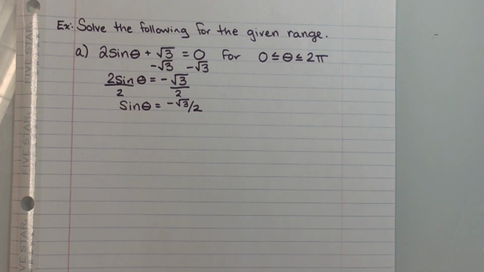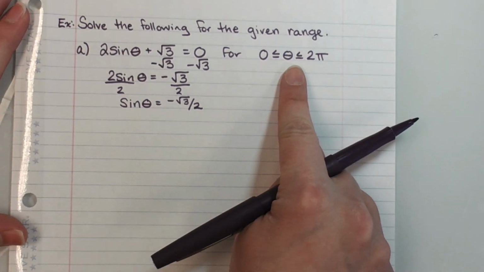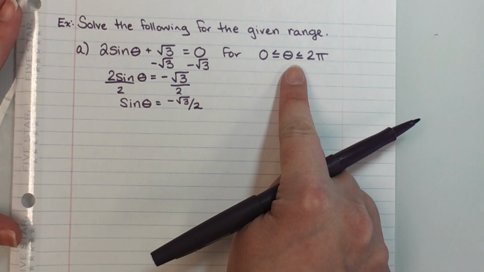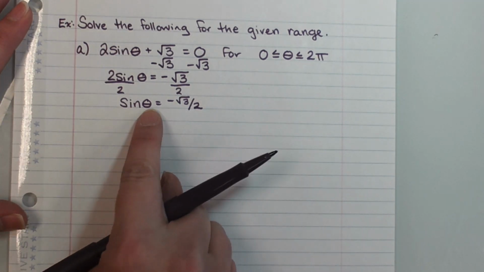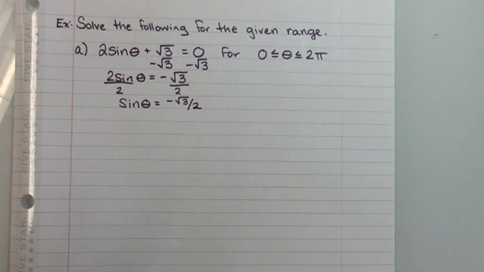Is sine alone? Yes, now it's alone. My options are to do inverse trig and find the angles that I want within the range, or what do you notice about that range? Isn't it just the entire unit circle? So it's easier probably to use the unit circle. I'm looking for where sine of theta is equal to negative square root of 3 over 2. So I'm looking at my unit circle, and sine is what part of the unit circle? The y values. So I'm looking at the y values and finding the y values that are negative square root of 3 over 2, and I'm finding the angle in radians.